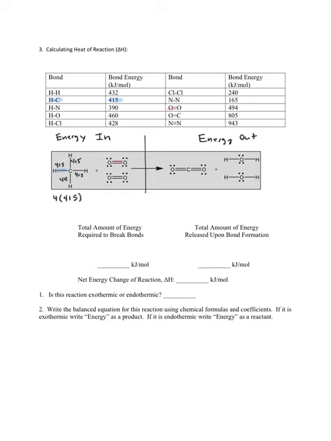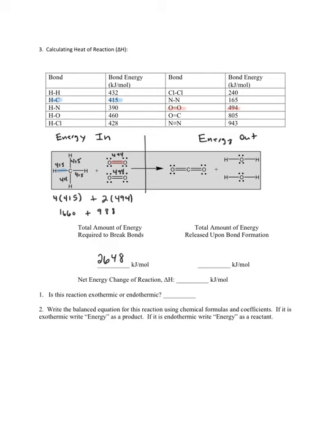Make sure the type of bond matters here. Each one of those is 494. I've got 2 of those. And so when I add that all up, this is 1660 plus 988. That's a total of 2648 kilojoules per mole of energy in.